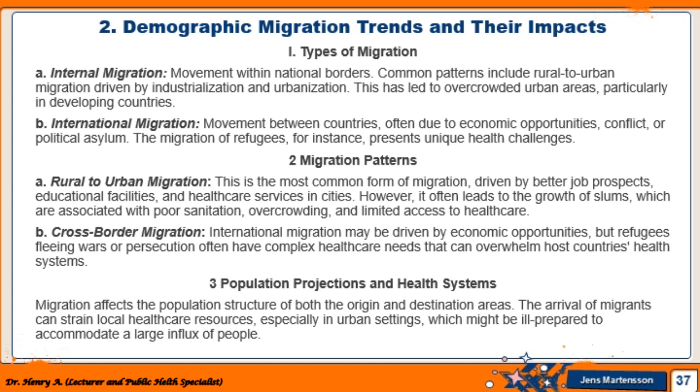But for cross-border migration, refugees fleeing conflict or political persecution often face health risks such as inadequate healthcare access, trauma, and spread of infectious disease. The host countries often struggle to provide adequate healthcare for this large displaced population. So, perhaps there's a country that is having a crisis, civil unrest, war. Now they get to the border of the next country.